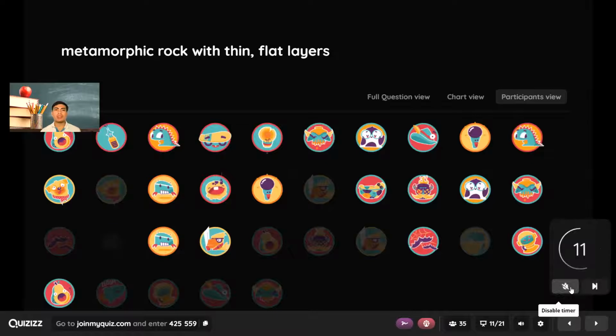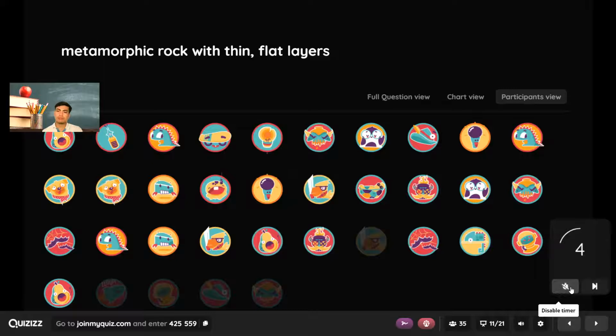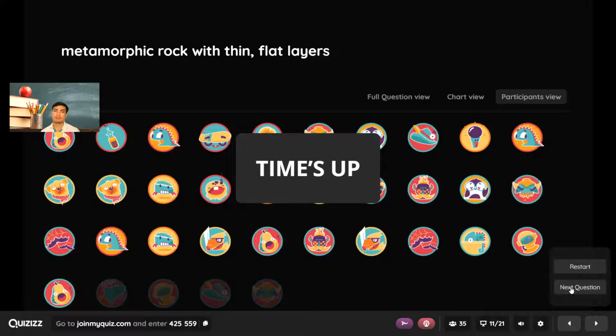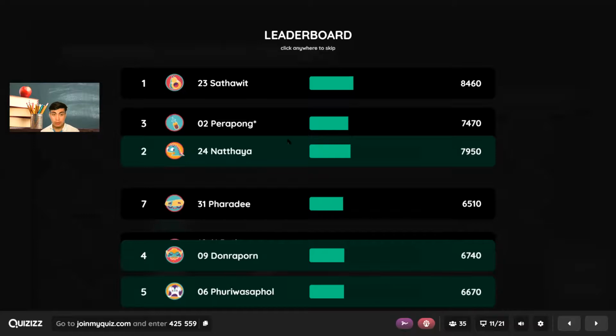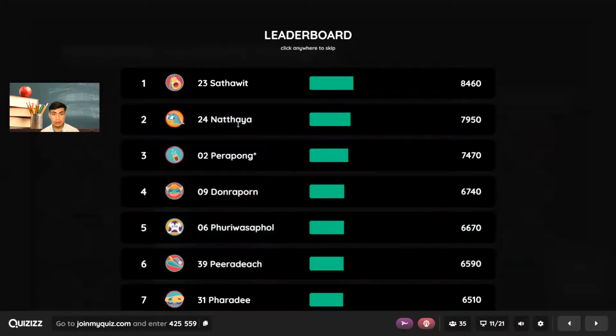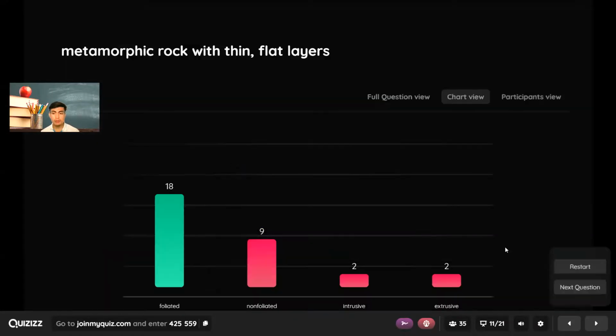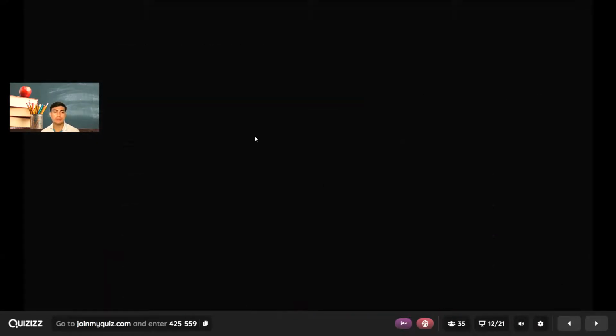Metamorphic rock with thin, flat layers. Let's see. Okay, wow, it's Nataya who is number 2, followed by Pirapong.